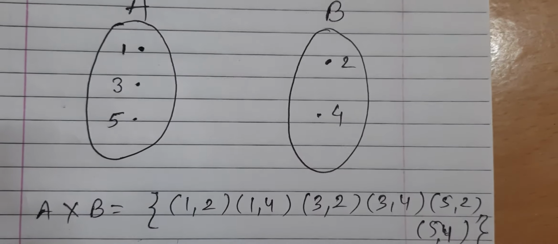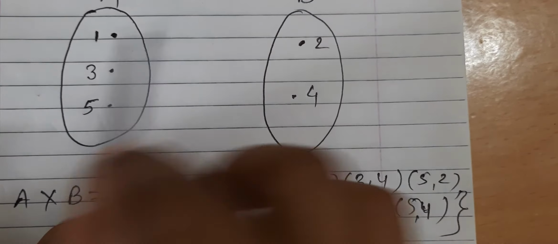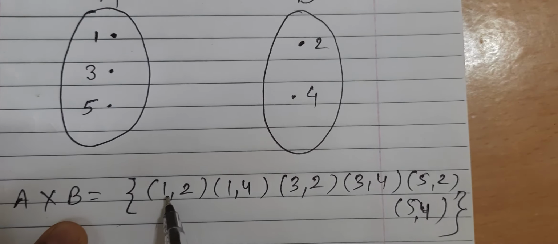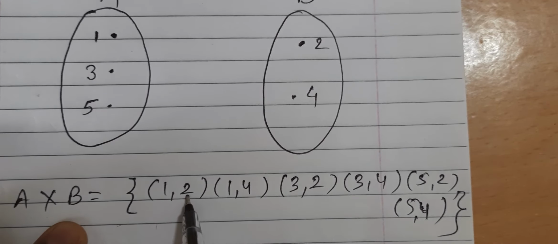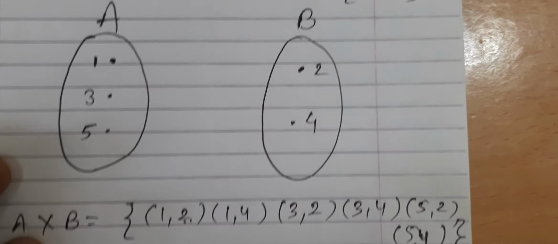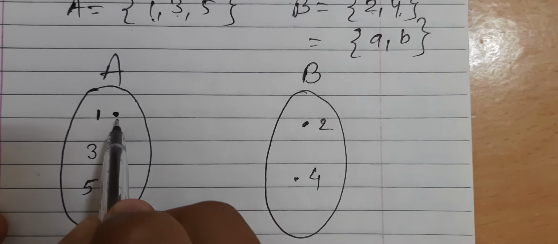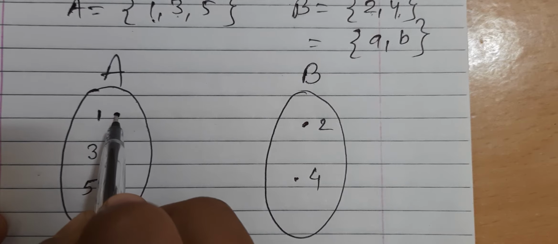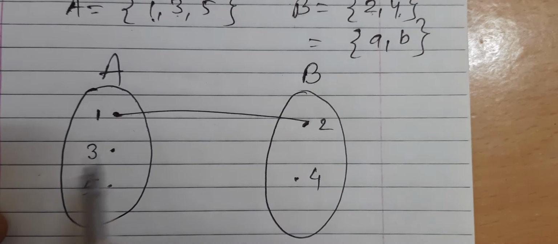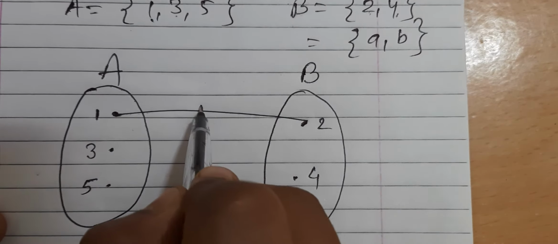Now we have to represent this A cross B using this arrow diagram. So see, this 1 is related to 2. Okay, 1 comma 2 means 1 is related to 2. So what we will do, we'll simply join this 1 and 2 and we'll put an arrow.